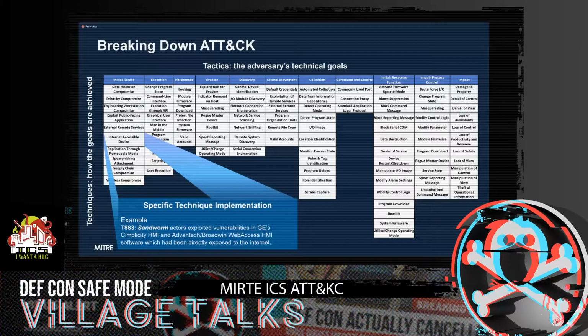And associated with each of the techniques, if you go to the site and look at a particular technique page, is some specific technique implementation. This is how the adversary accomplished this high-level technique. So looking at this all together, you have the tactics, techniques, and procedures of adversaries, which really represents their behavior and is the focus of attack.